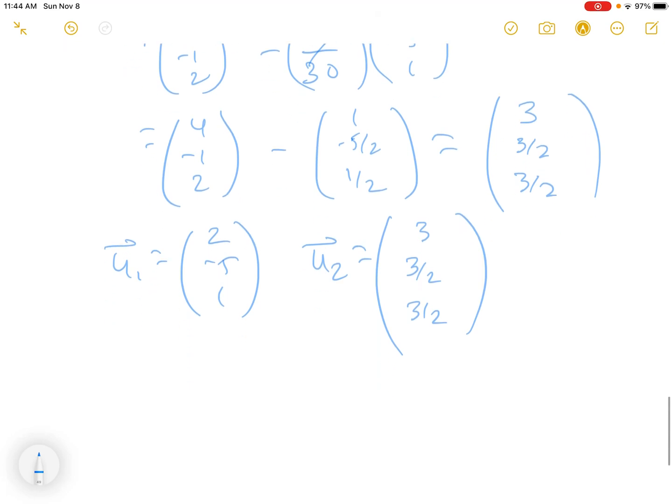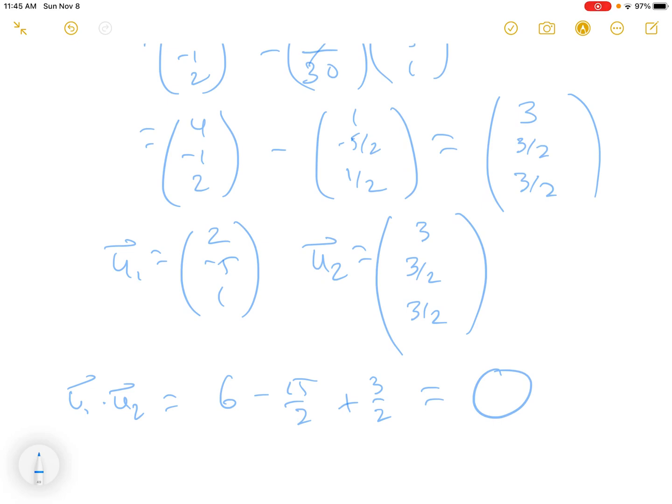And let's check the dot product here. It's 3 times 2 is 6, minus 15/2 plus 3/2. And that is 6 minus 12/2, which is 0. So there we go.